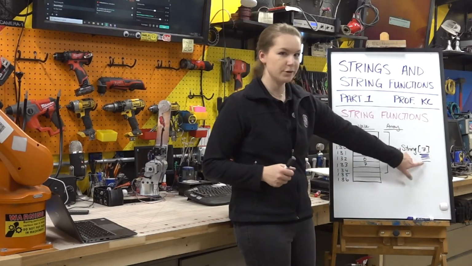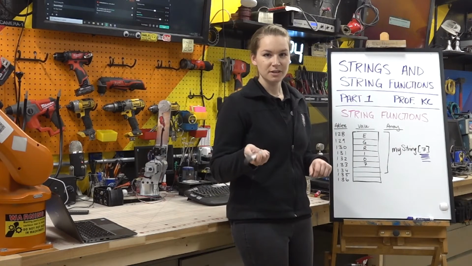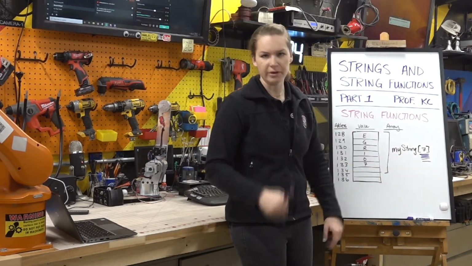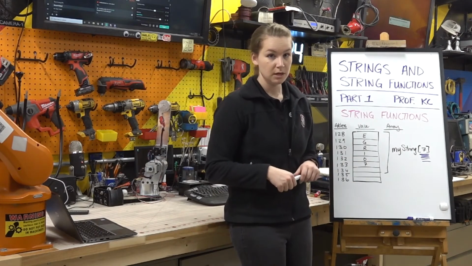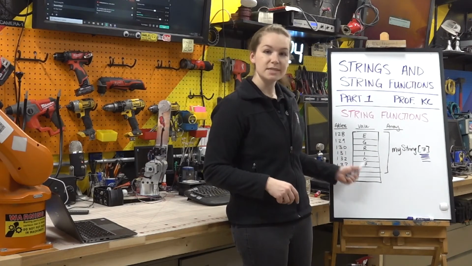Okay, you'll notice I underlined this a bunch of times in purple. What did we change? Well, first, I changed the name. I call it my string instead of my array. They're still both arrays. And now I've added 7. I have to add this extra memory slot.